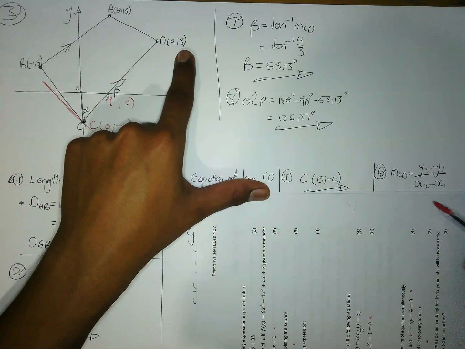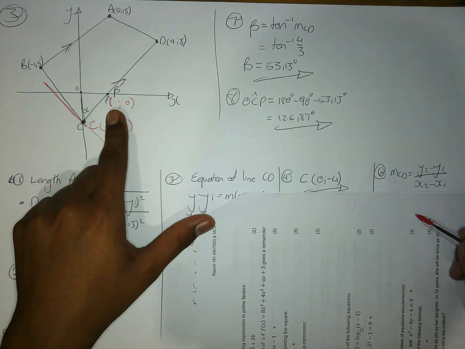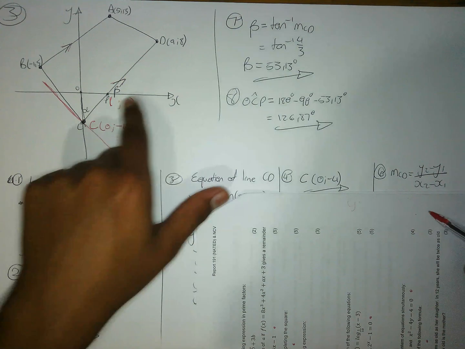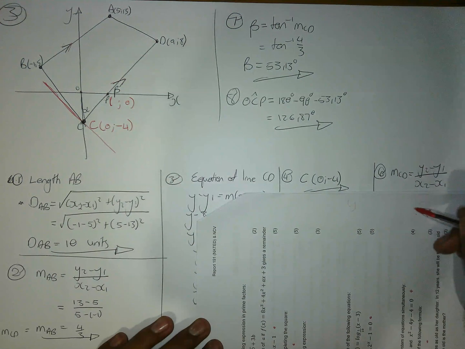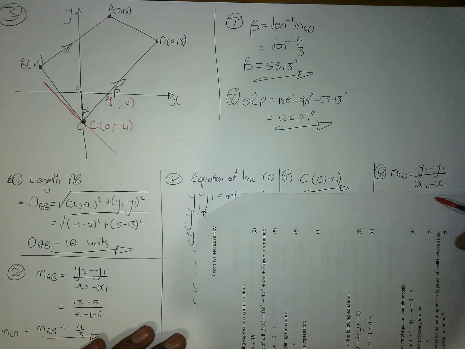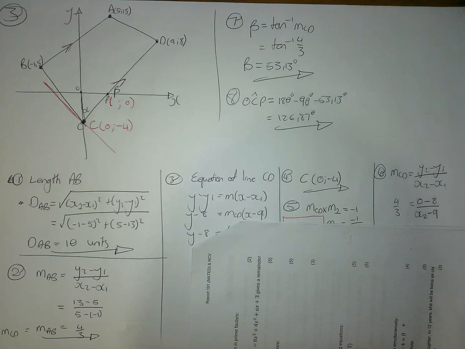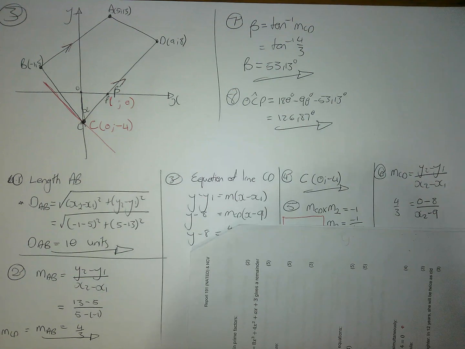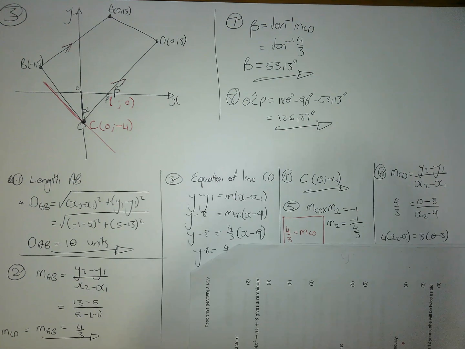So 0 minus 8 over x2 minus 9. So I'm going to have 4/3 equals 0 minus 8 over x2 minus 9, like that. And all I must do is cross multiply and solve for x basically. Cross multiply there.